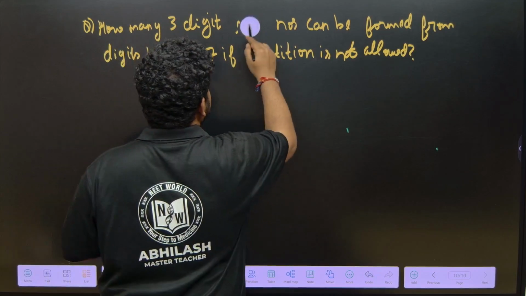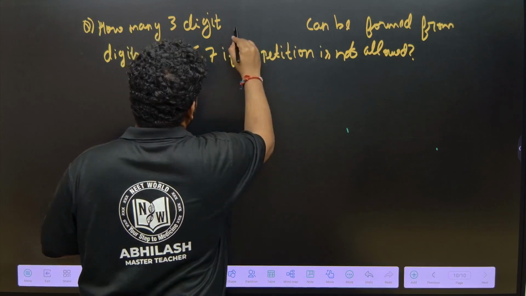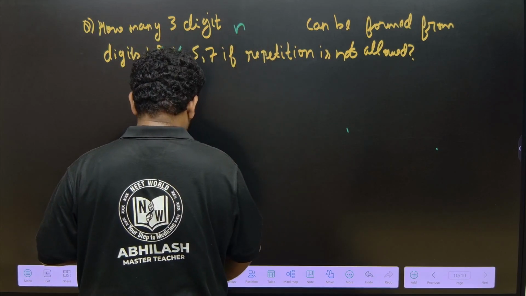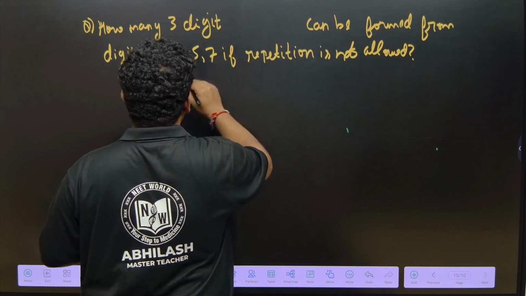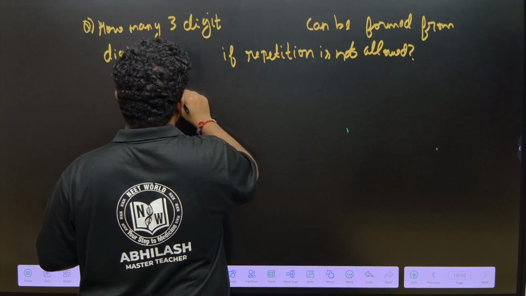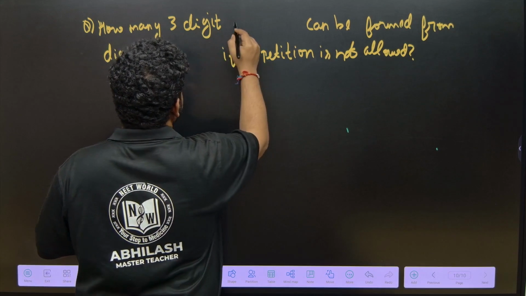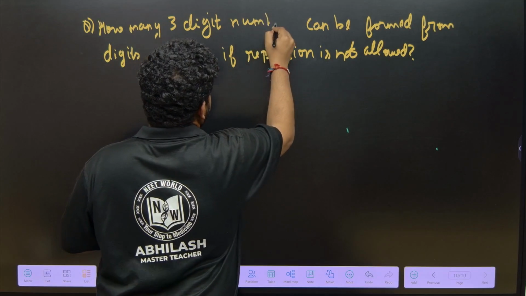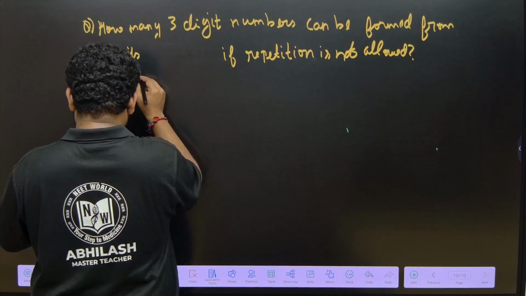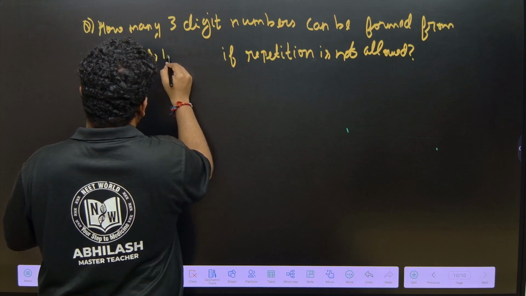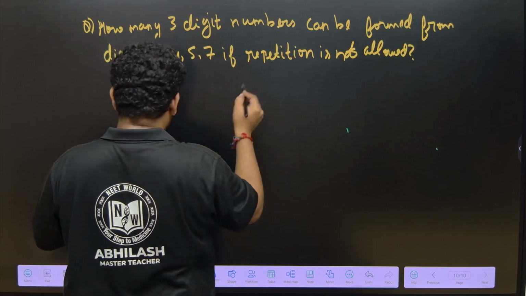How many 3-digit numbers can be formed from the digits 0, 1, 4, 5, 7 if repetition is not allowed?